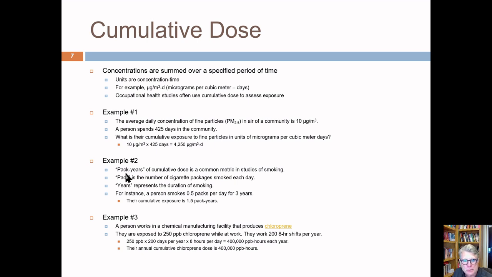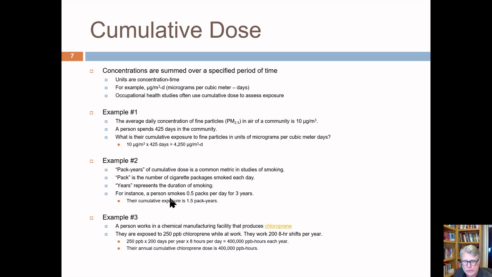Here's the second example. It has to do with smoking. So in observational health studies, epi-studies of risks of smoking, a common metric of exposure is called pack years. Pack years is an expression of cumulative dose, where a pack is the number of cigarette packages smoked each day, and years represents the number of years that they smoked at that rate.